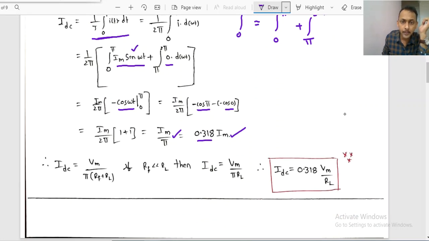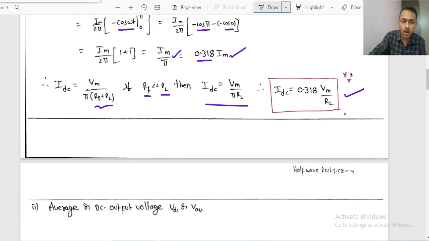Vm by π times (Rf plus RL), where Rf is the forward resistance and RL is the load resistance. Most of the time, if the diode forward resistance is very small compared to the load resistance, you can neglect the Rf value. Then it is simply Vm by π RL, which equals 0.318 times Vm by RL. So this is the IDC value.